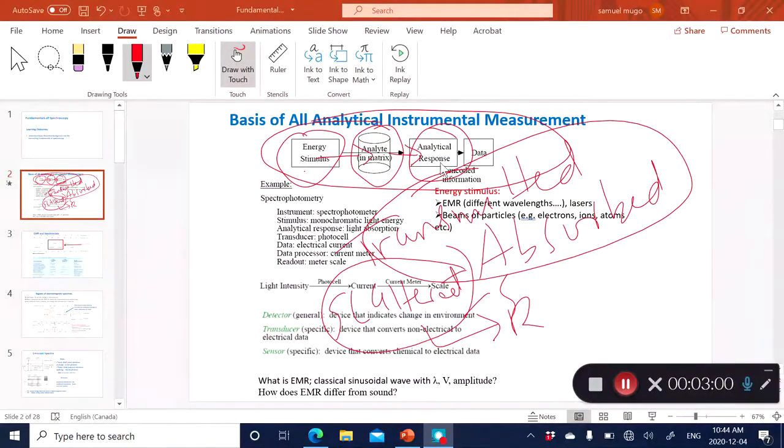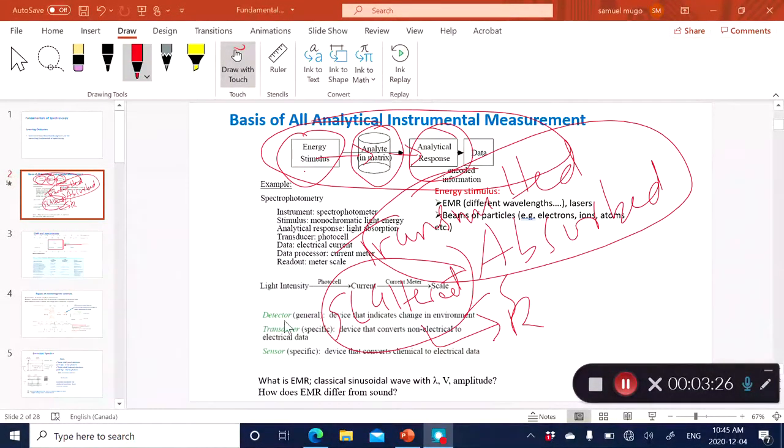And of course, take note of this also. The detector typically would be converting the energy, often, into an electrical signal that you can easily measure, because of course, most computers are electronic devices. So often the detector would be converting light into an electrical signal.